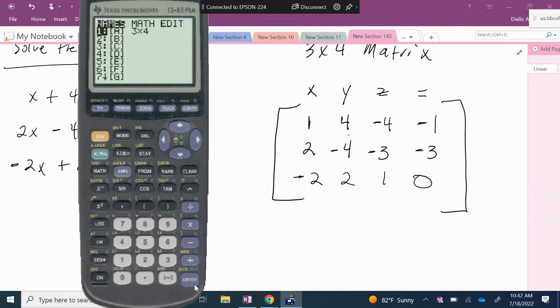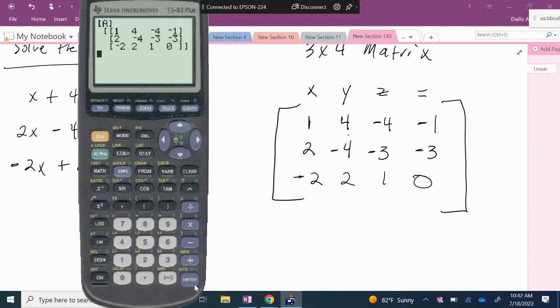Okay, let me just check that again. 1, 4, -4, -1. All right, so I'm just double checking my matrix of what I have written.